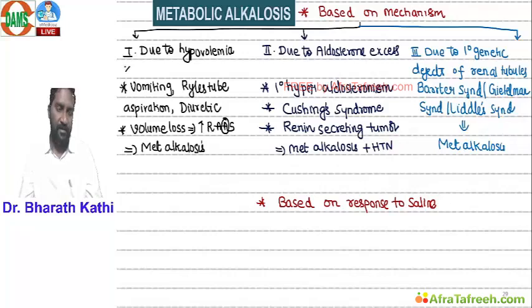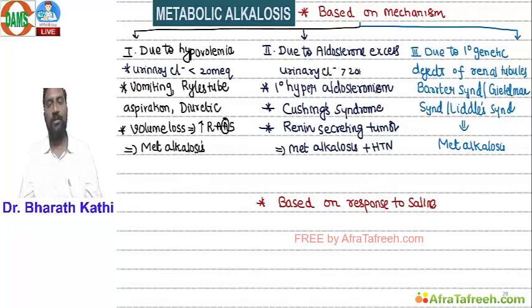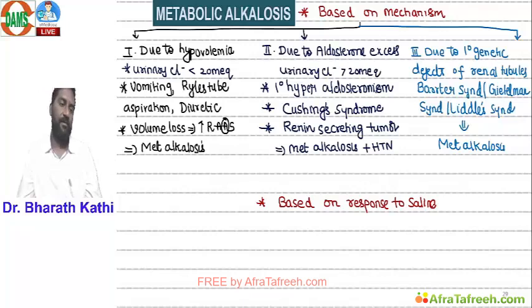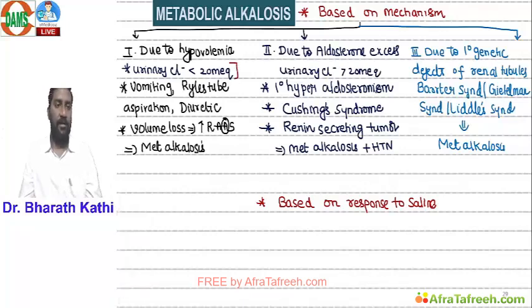Another differentiating feature here is, in this situation, urinary chloride can be less than 20 milliequivalents. Whereas here urinary chloride tends to be more than 20 milliequivalents. What is the logic behind this? Category 1 is predominantly due to hypovolemia.